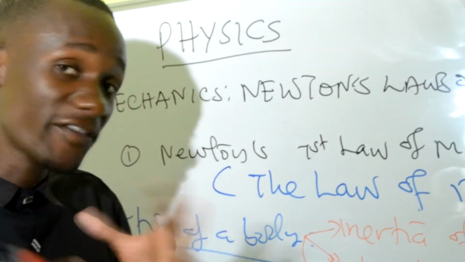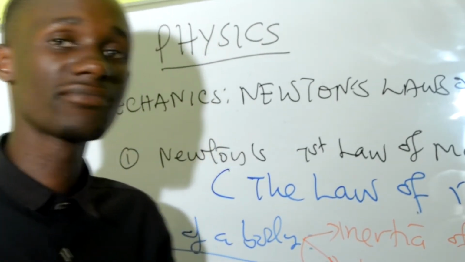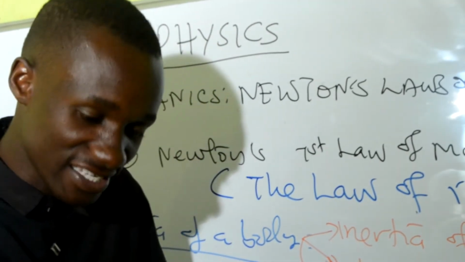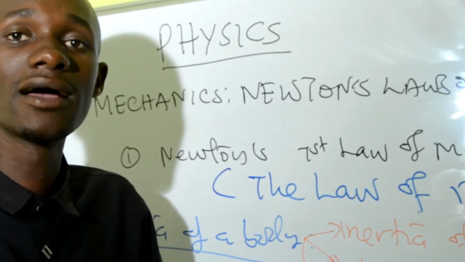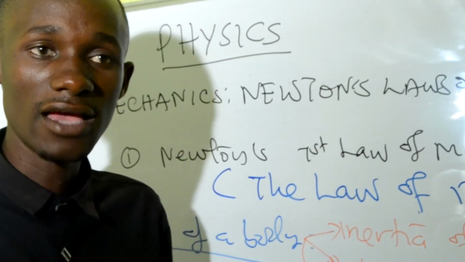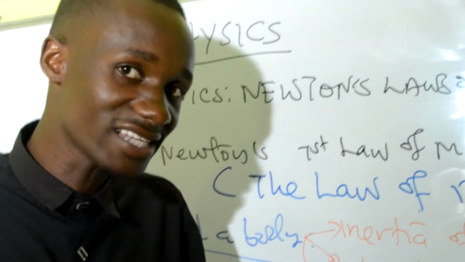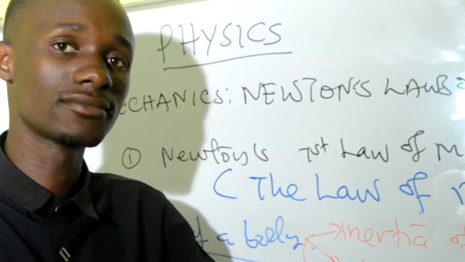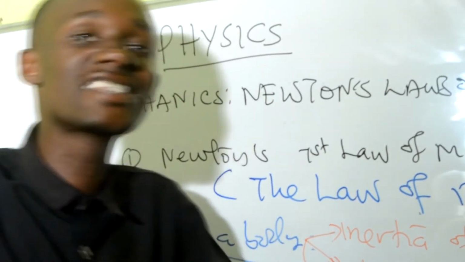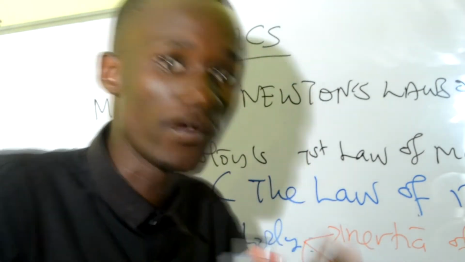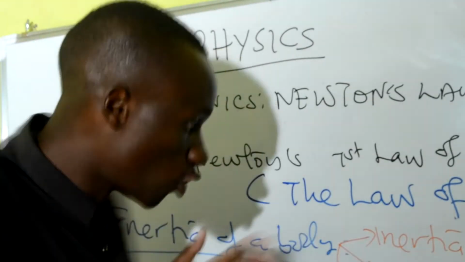Also, before the car starts motion, the passengers inside the car are at rest. But when the car suddenly starts motion, the passengers inside the car will tend to move backwards. Why? Because of inertia.